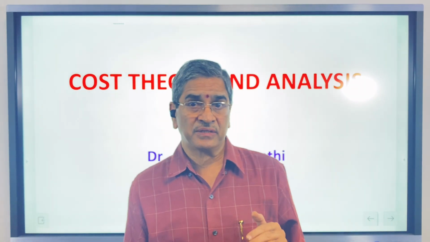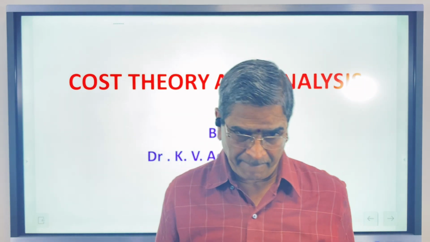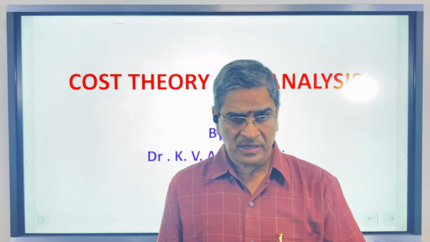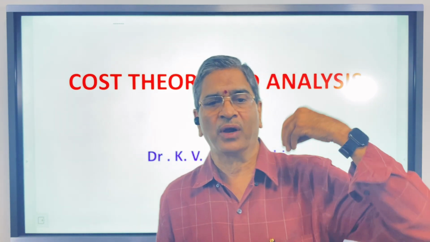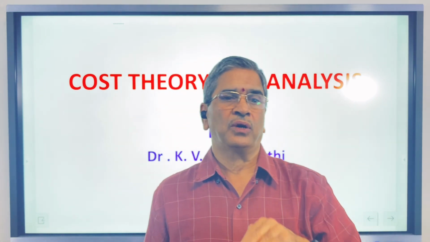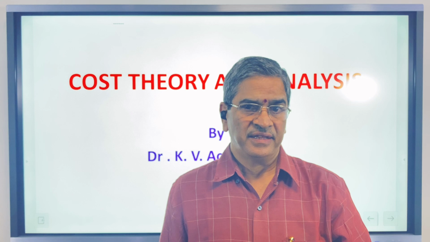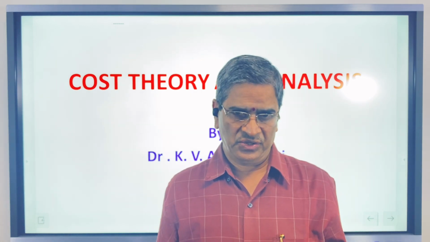But in economics, that means while taking a decision, because you should be the decision maker, if you are taking a decision, you must not only look to the actual out of pocket expenses you have incurred, but you must also consider the costs that are deemed to have been incurred. That's called implicit costs.